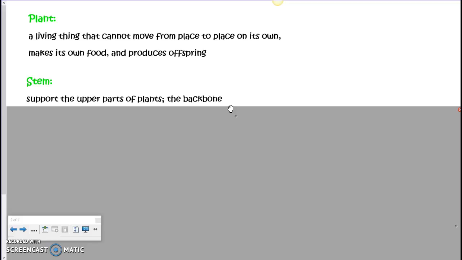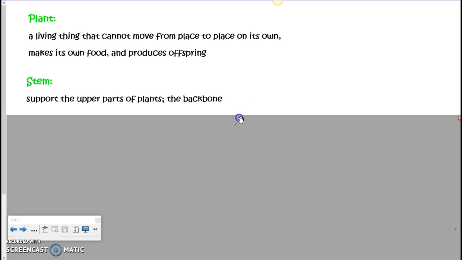Okay, exactly. The stem basically holds up the plant. It serves as a backbone. Let's feel our spine. This little backbone part. Okay, that is pretty much your stem. It holds you up, just like a stem holds up a flower, your backbone holds you up. So that's a cool way to remember it.